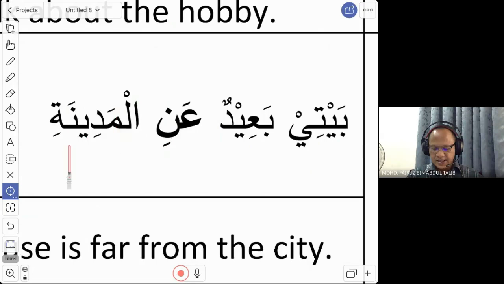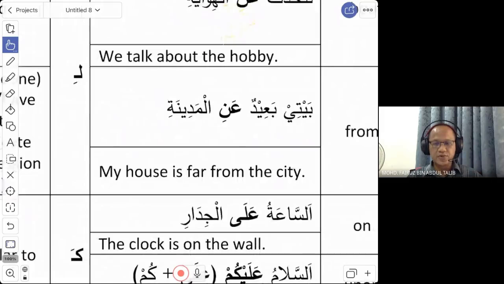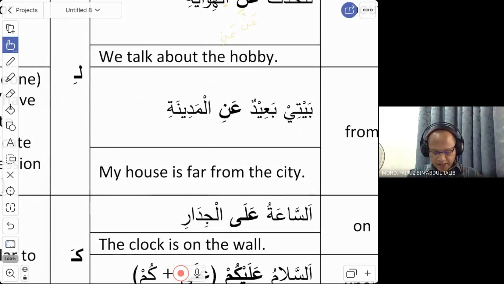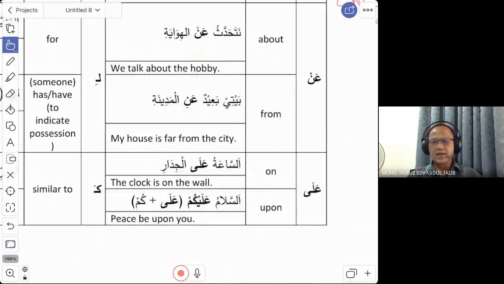Baiti ba'idun anil madinati. Baiti, my house. Bait is house. Ba'id is far. We have learned some adjectives: ba'id, qarib, far, near. And from, and al-Madinah, the city. So baiti ba'id anil Madinah. My house is far from the city. So this is the second meaning of an.